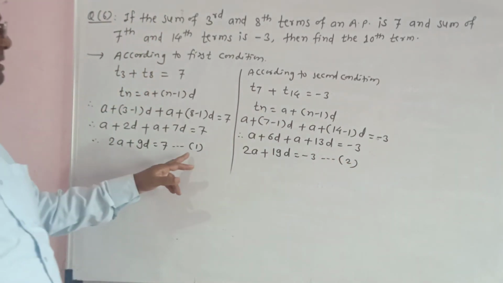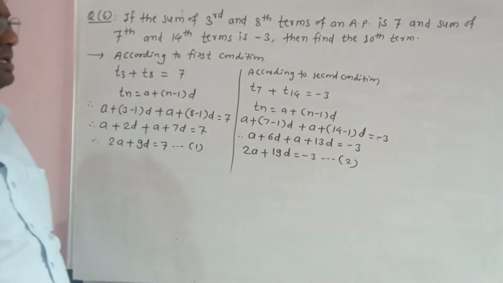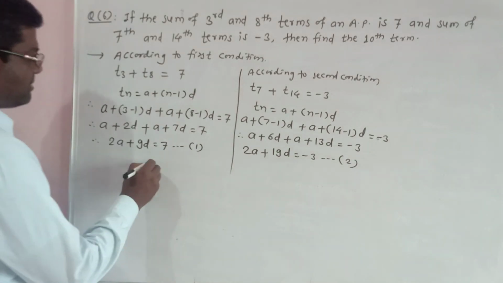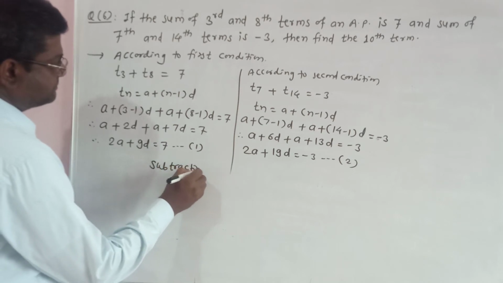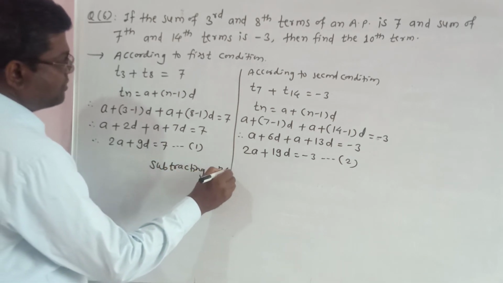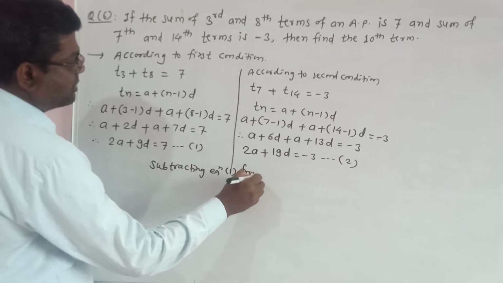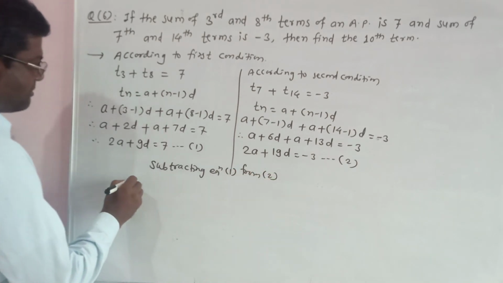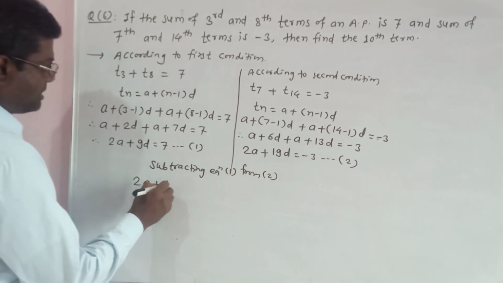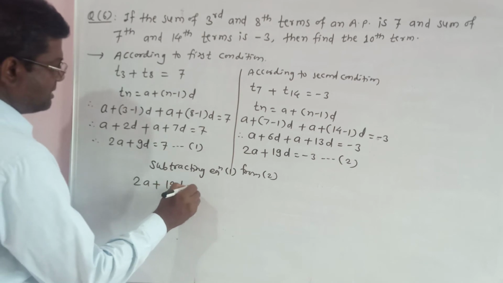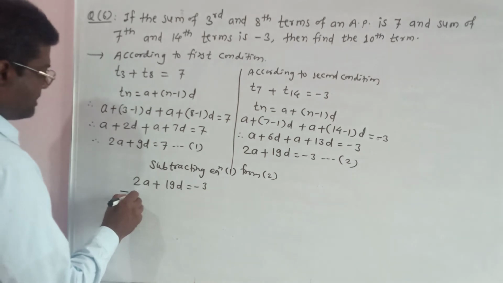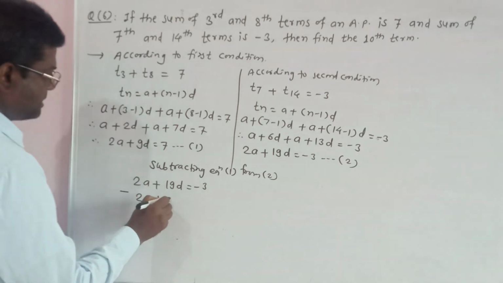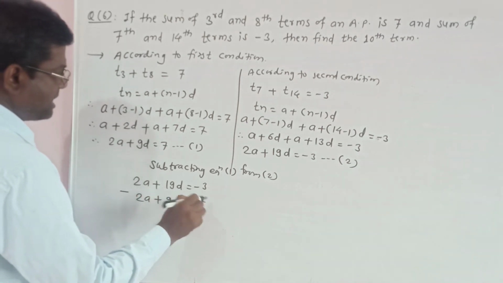Now subtract equation 1 from equation 2. Therefore we write, subtracting equation 1 from 2. Equation 2 is 2A plus 19D is equal to minus 3, and minus equation 1, 2A plus 9D is equal to 7.